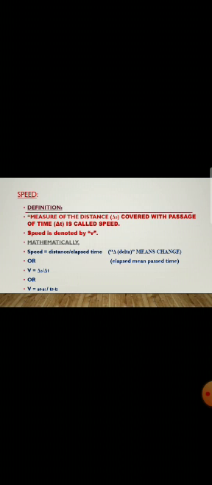Or we can symbolically represent it by v equals delta s divided by delta t. Delta means change, therefore we replace delta s by sf minus si, where f shows the final while i shows the initial position. And again delta t is replaced by tf minus ti.